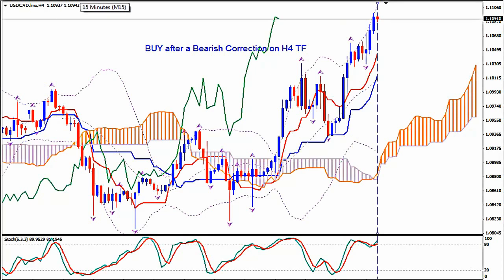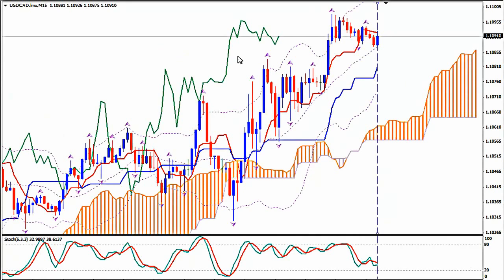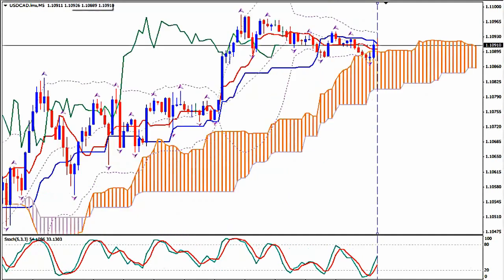Alternatively, I can monitor the trade from M15 and be more conservative with my stop loss placement, and surf the wave, entering long when a bullish price Tenkan-sen cross happens, confirmed by stochastics on M15, and exiting with a bearish crossover of the stochastics on M5, preferably when that happens in the overbought zone above the 80 level line.